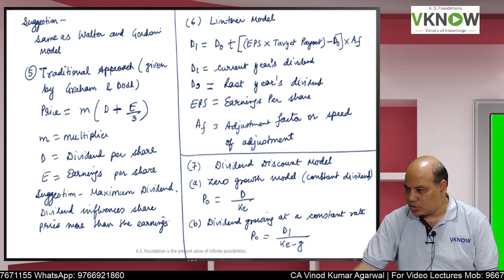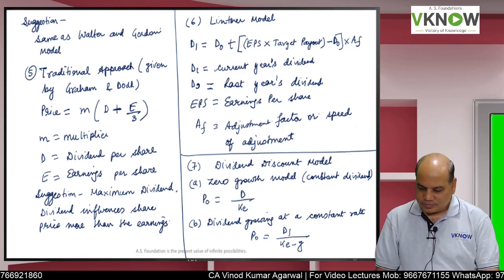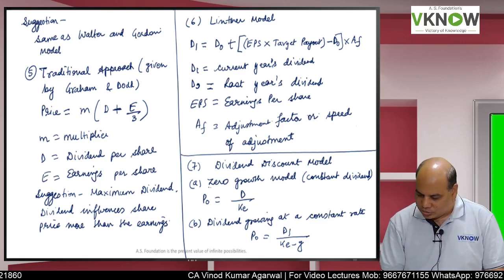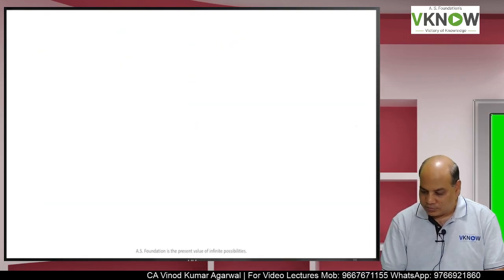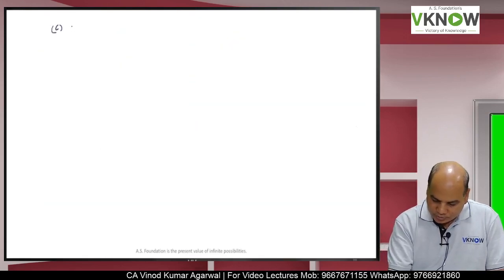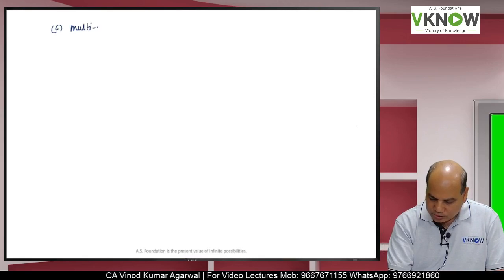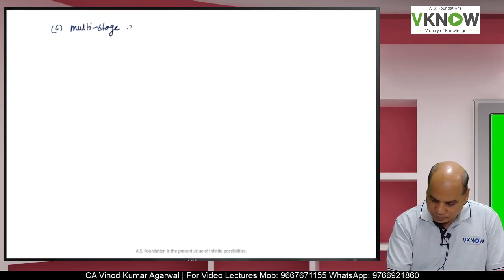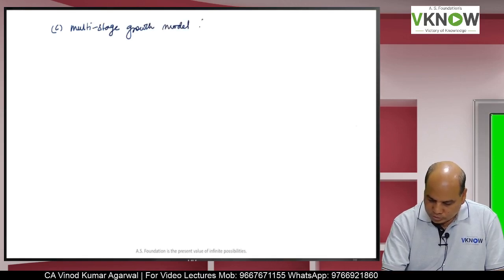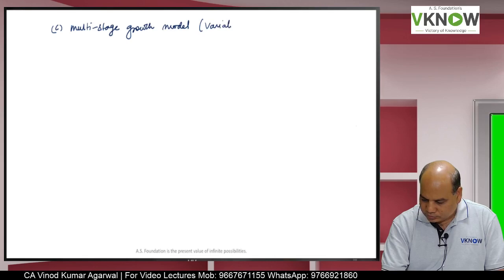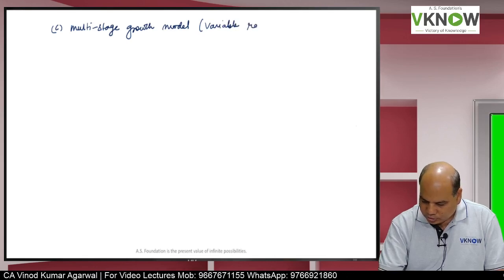So can we go to the next discussion? Say yes. So this is dividend discount model, zero growth model, growing at a constant rate, and C write down multi-stage growth model or variable rate growth model.